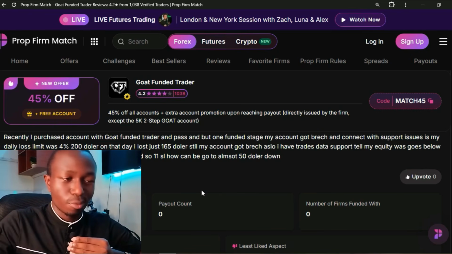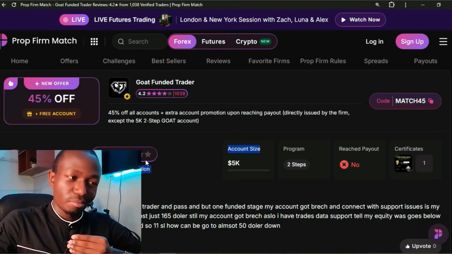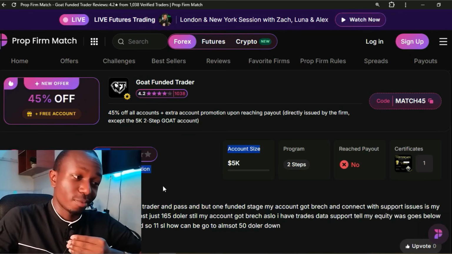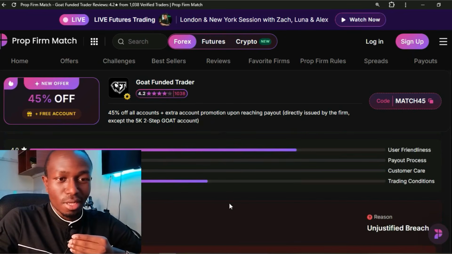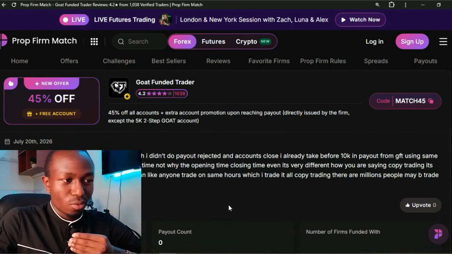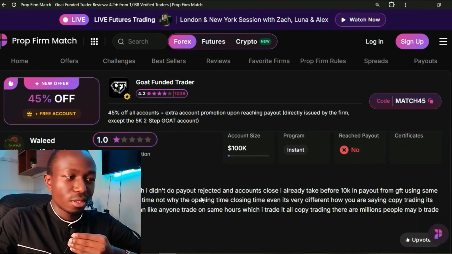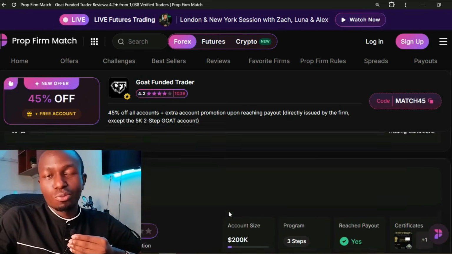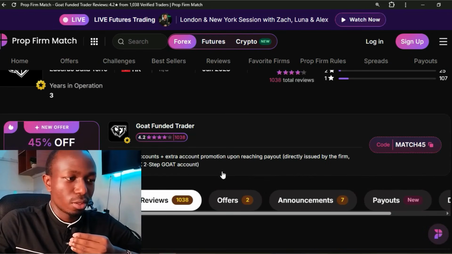And that's what a lot of people don't understand. And then obviously they will put it on the prop firm. I cannot blame the prop firm anyways for that. But whether to trust the prop firm or not, it's your decision to make. But for me, I don't have any problem with GFT at all.